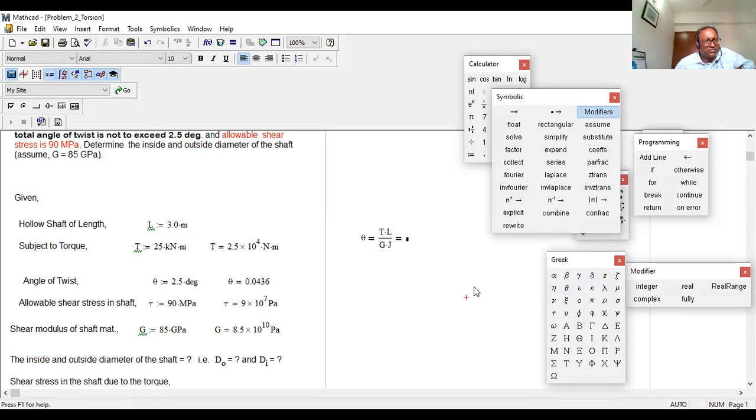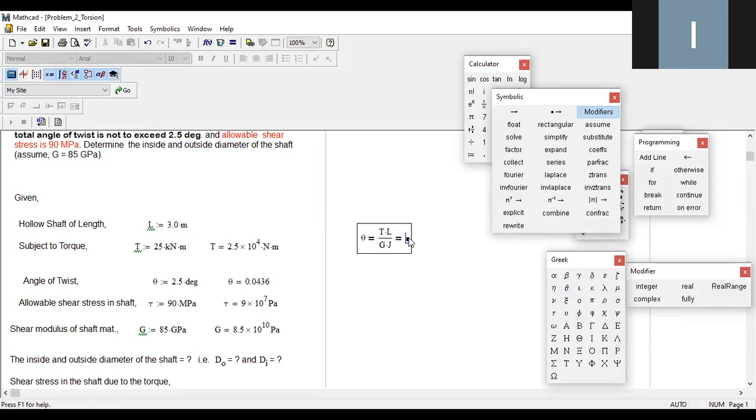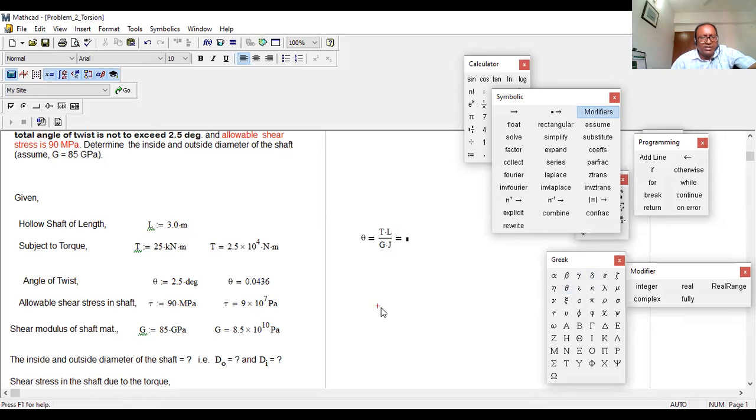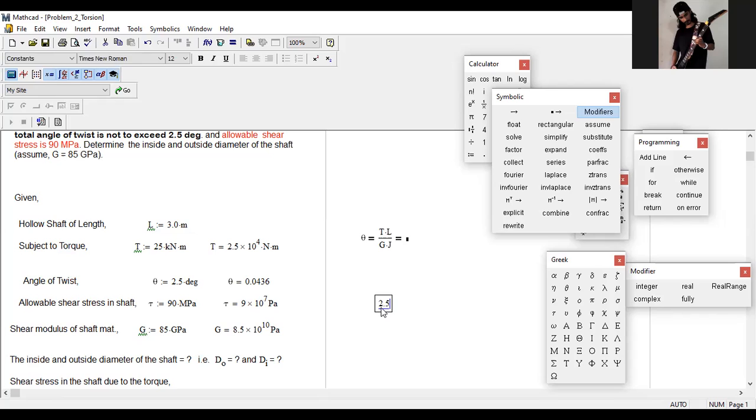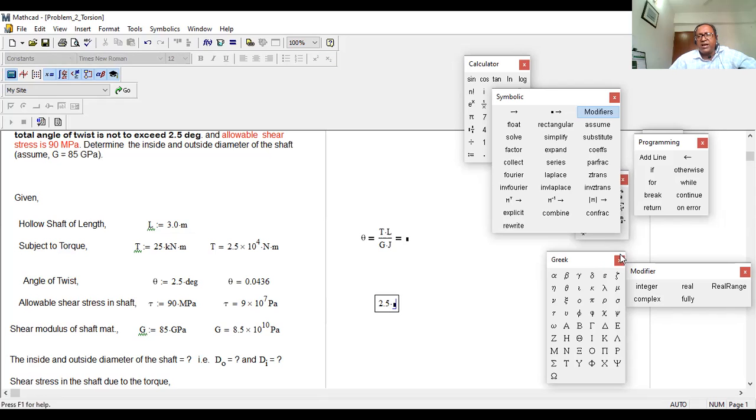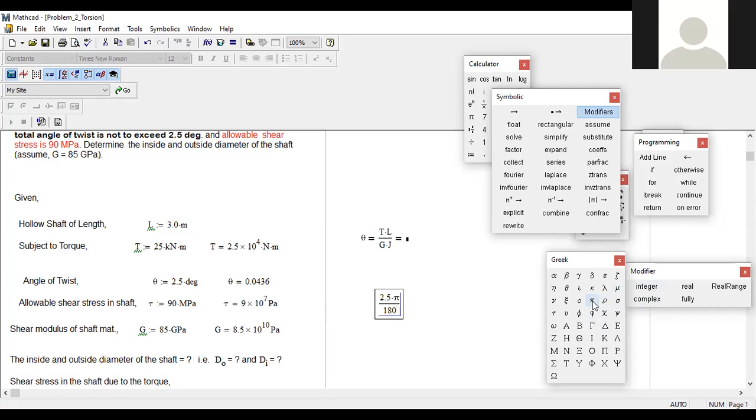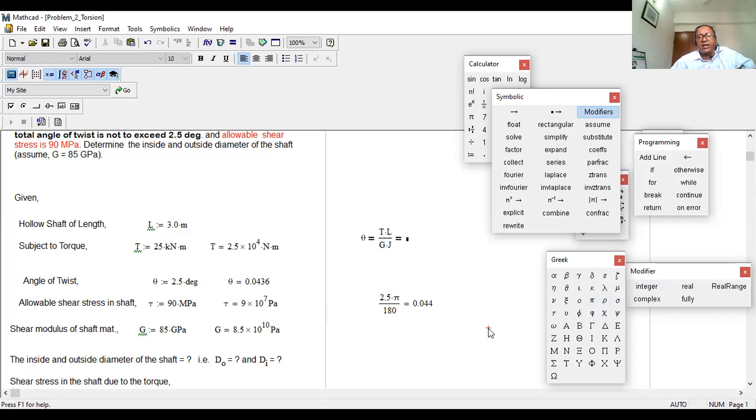Like in this problem, we have theta 2.5 degree. How can we convert it in radian? We multiply by pi, then divide by 180 degree. So that will give you radian.